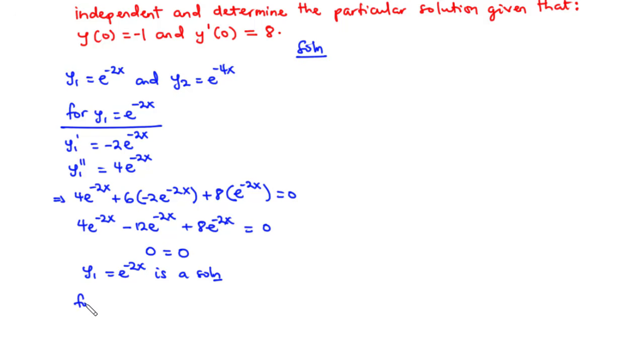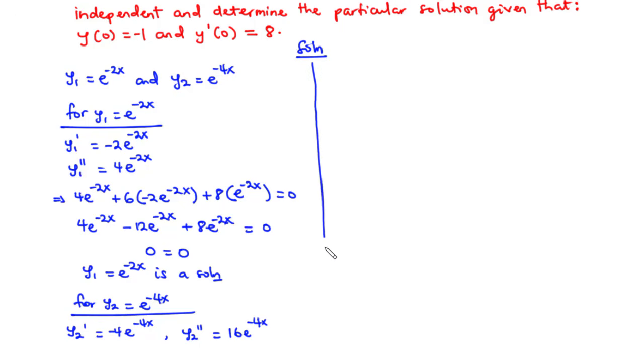So let's move on to the next solution, that is y2 equals e to the power negative 4x. So we have y2 prime equal to negative 4 e to the power negative 4x, and y2 prime prime is negative 4 times negative 4, which is 16 e to the power negative 4x.